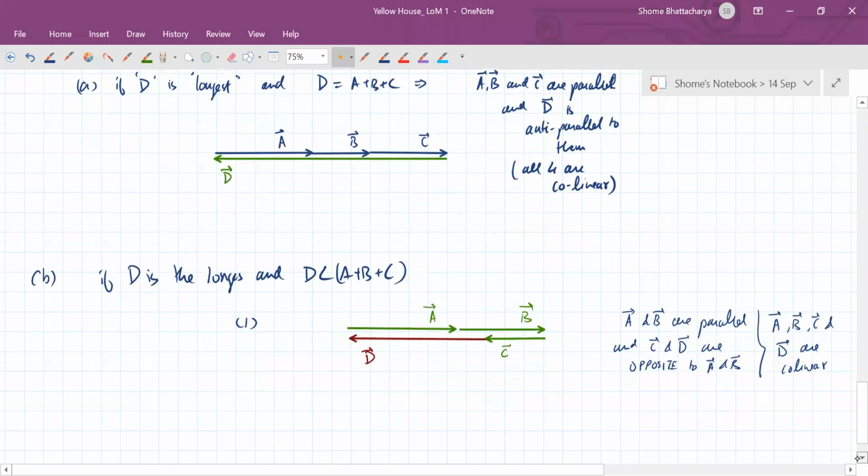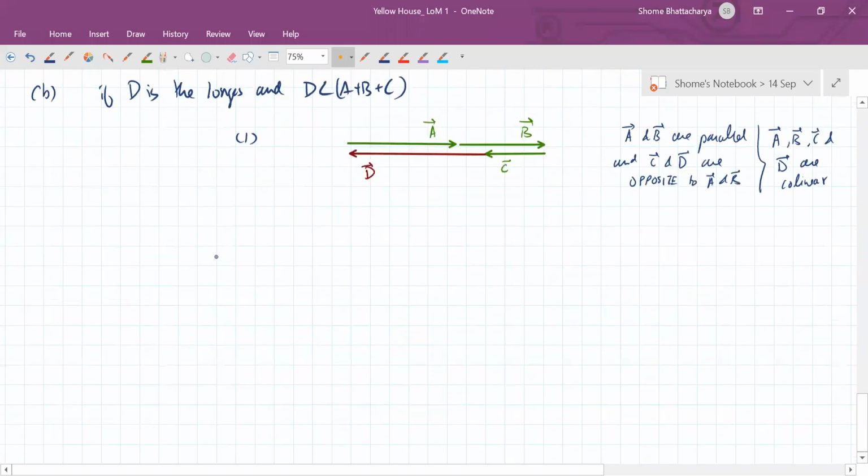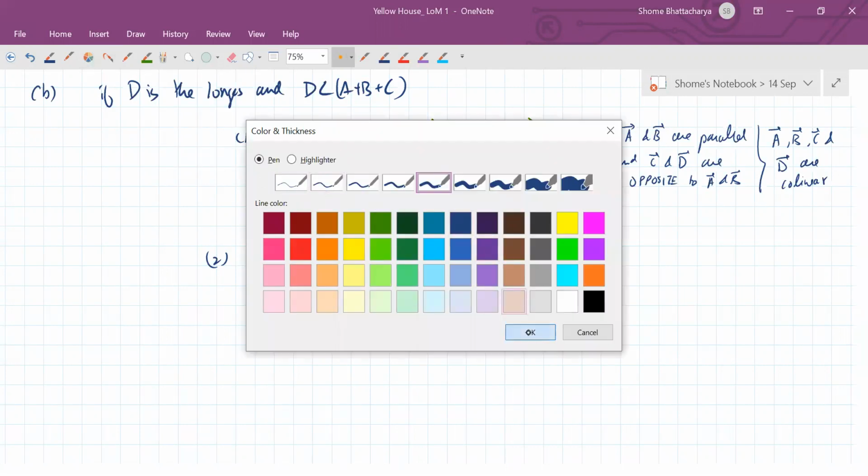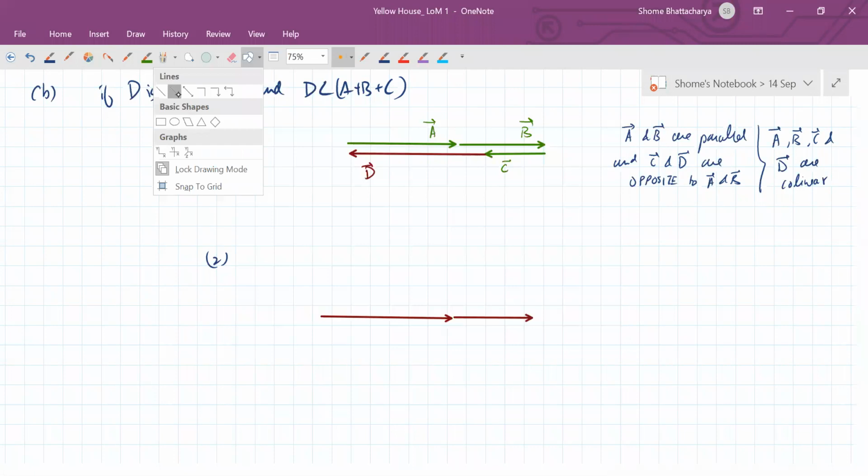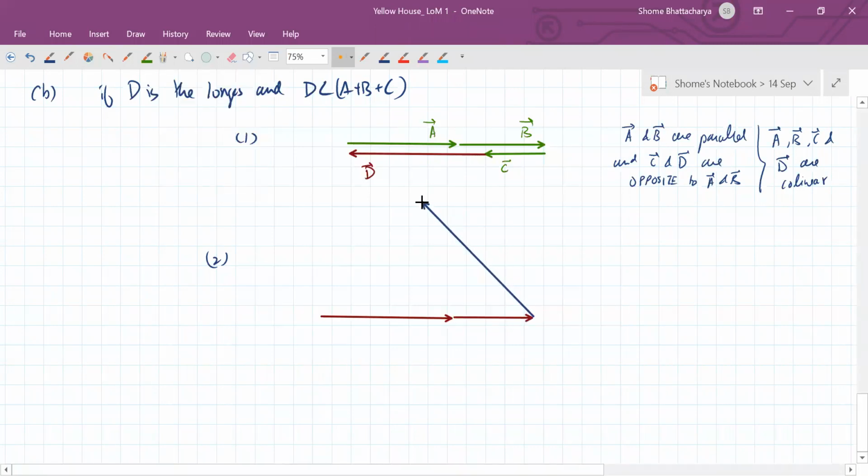Or another case that can happen is something like this, that they could form a triangle also. This can also happen, that A and B are like this. I mean, there are so many possibilities. That's what I'm trying to show you here. C is like this, let's say. D is like this.